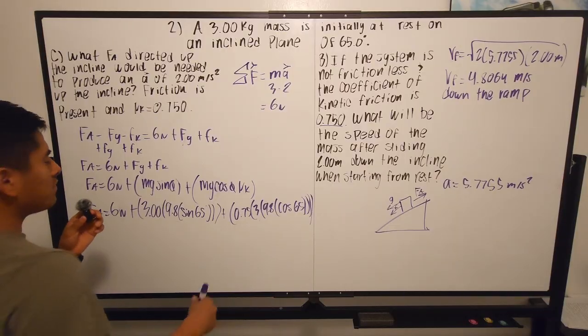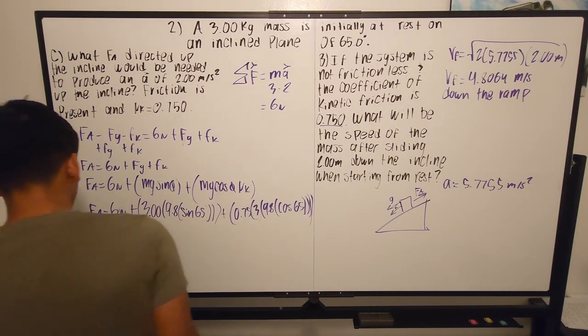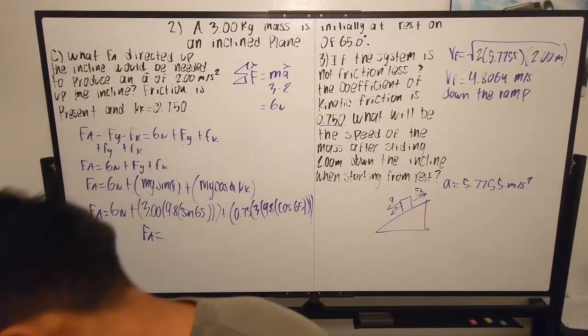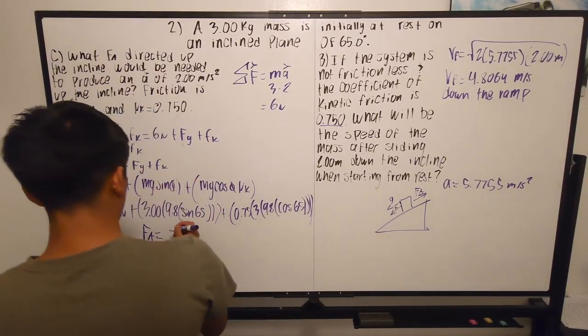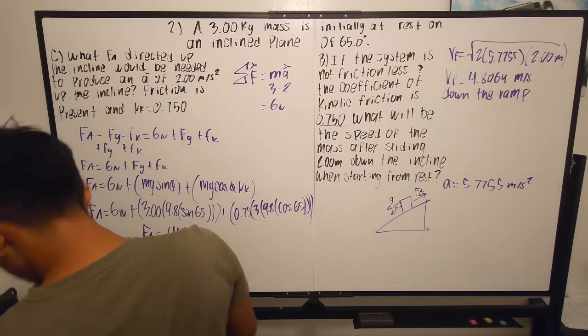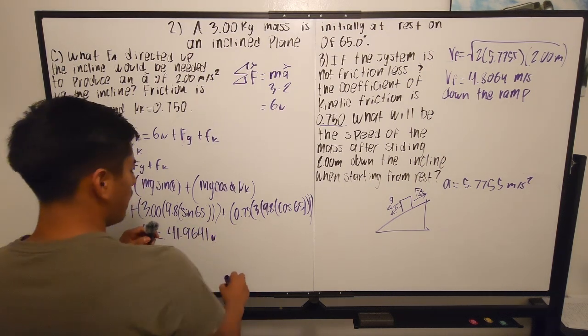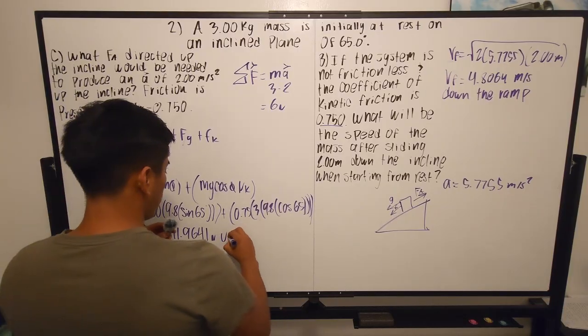Plugging that into your calculator, you should get that the applied force should be equal to 41.9641 newtons, and that is directed up the ramp.